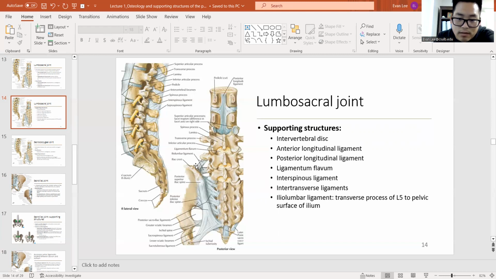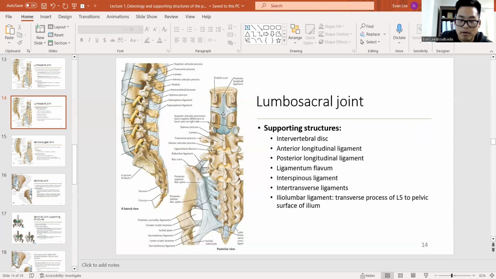And then you also have these ligaments that are going to be along the vertebra more than anything. If you look on the back of the lumbar vertebra, so just to be clear, we took off this posterior part of the vertebra so you can see the back of the body of the vertebra.